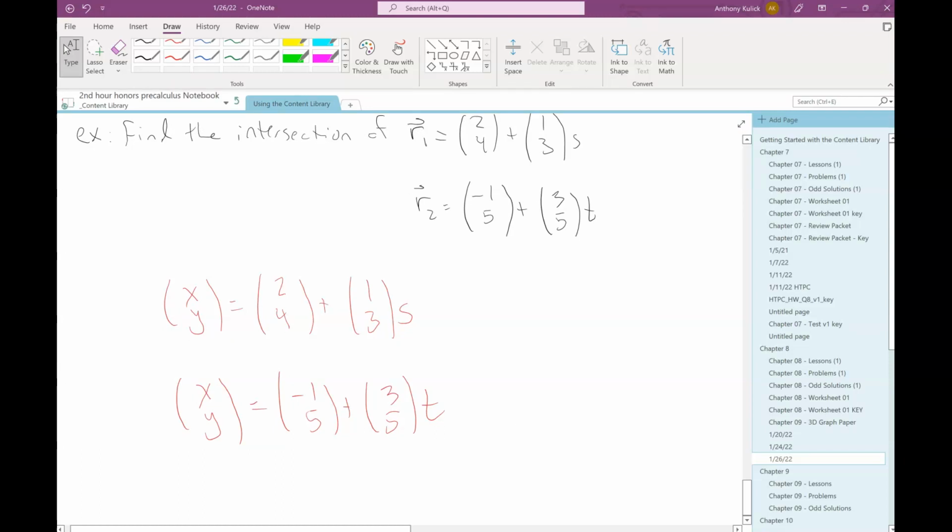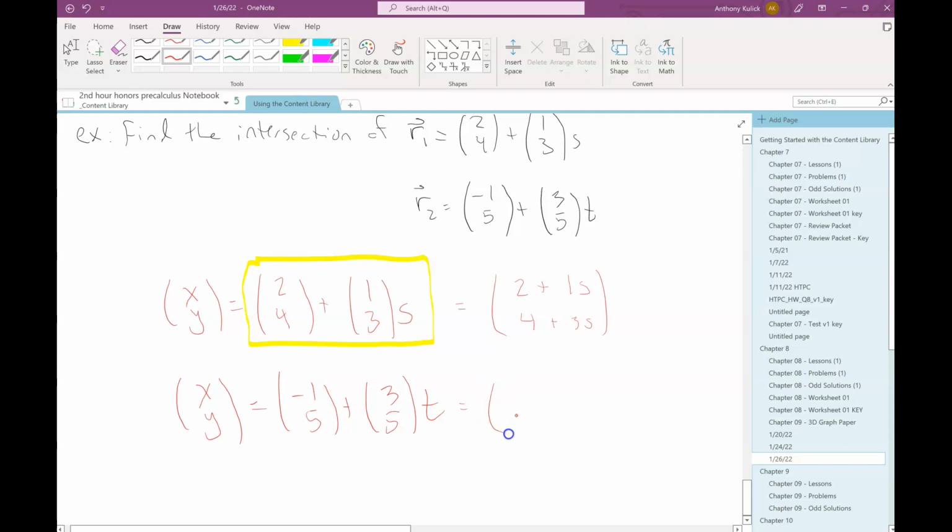Everybody agree with that? So if I do the scalar multiplication and then add the two vectors on the right-hand side here, I'd get 2 plus 1s and then 4 plus 3s. Everybody agree with that?